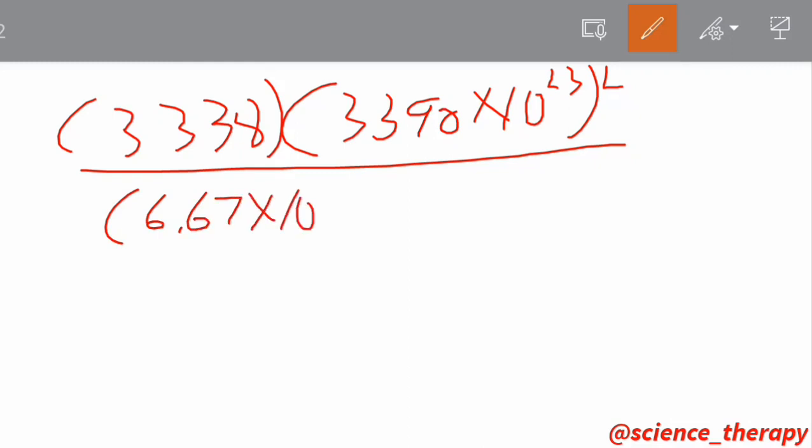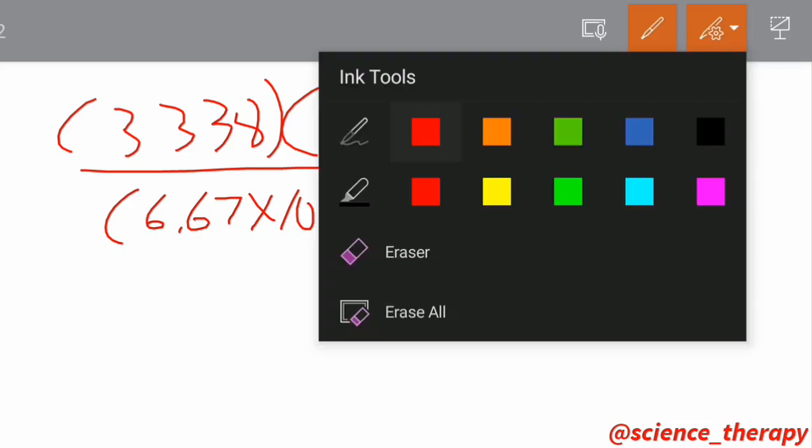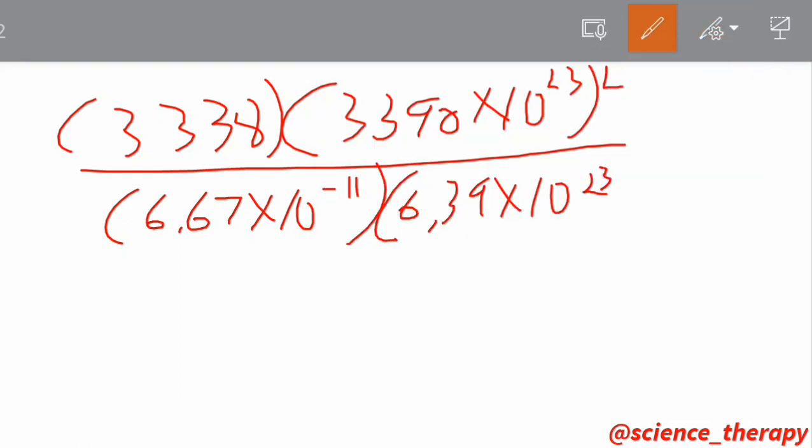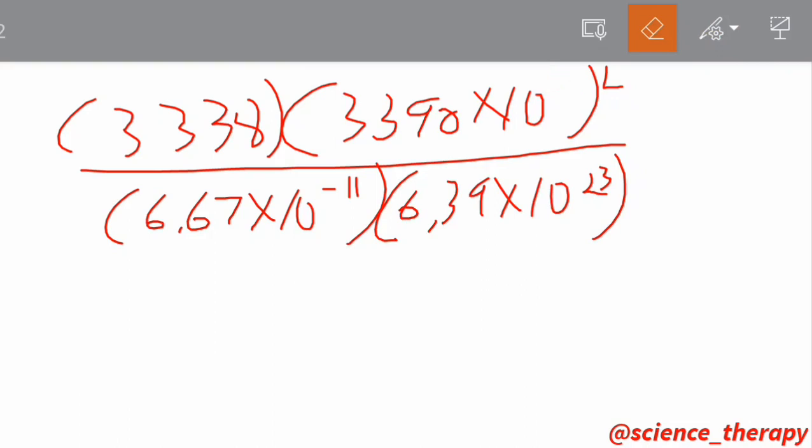Then to the power of negative 11, multiply by 6.39 times 10 to the power of 23, right? Then let me erase here. Remember here we had to the power of 3, not 23.